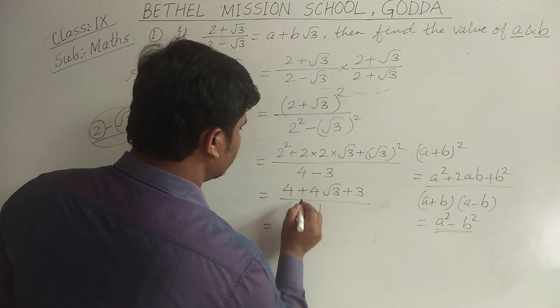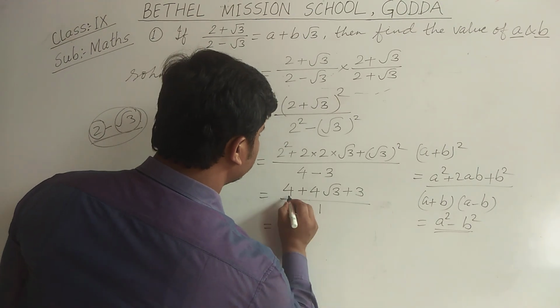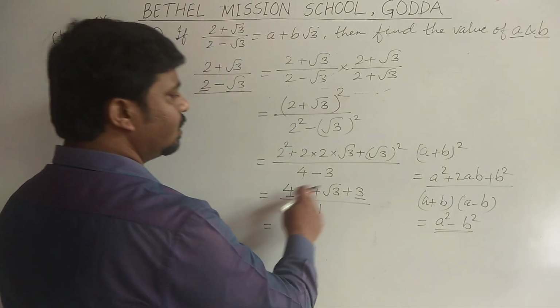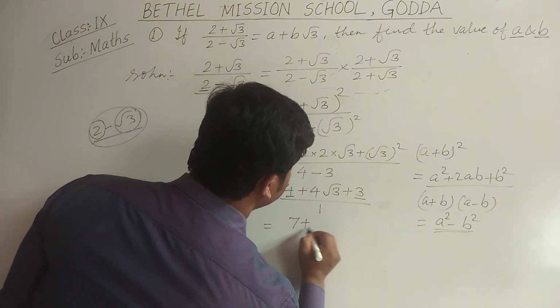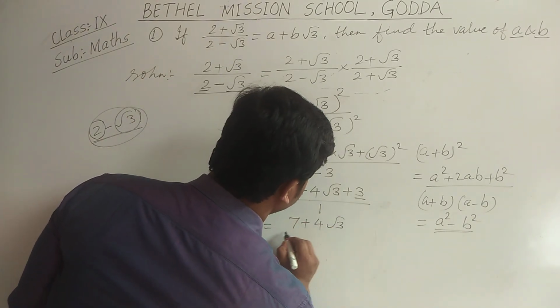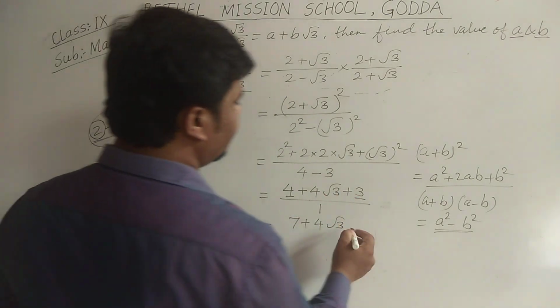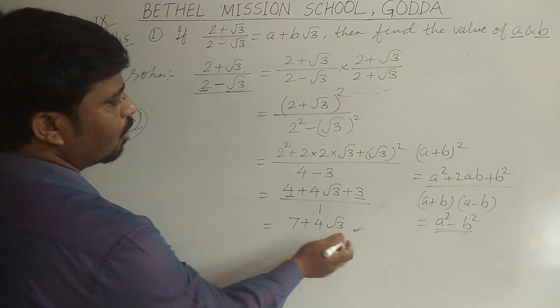Then 4 plus 3 is 7. This is rational, this is rational, and with rational we can add. So it is 7 plus 4 under root 3, and by 1, so we will not write the 1. Now we got this.